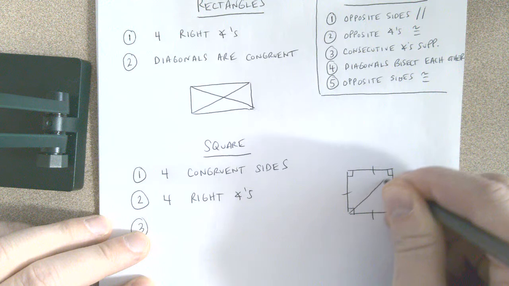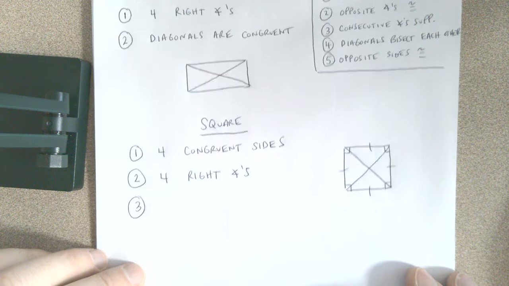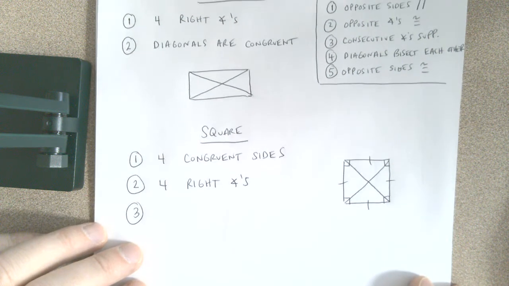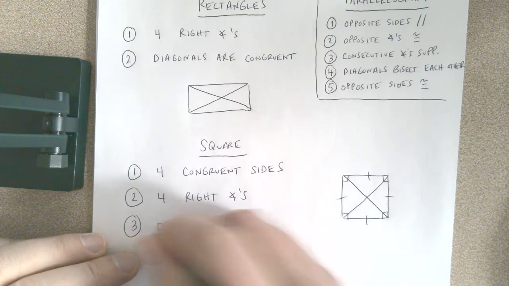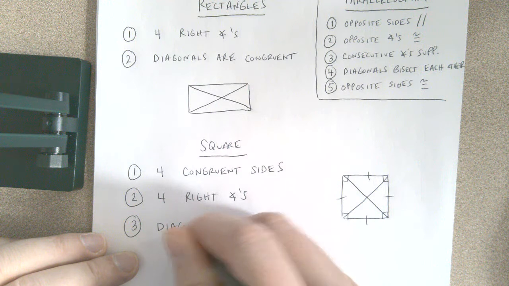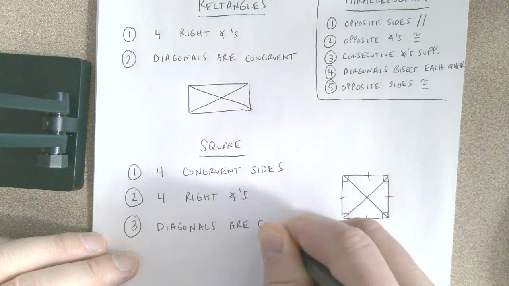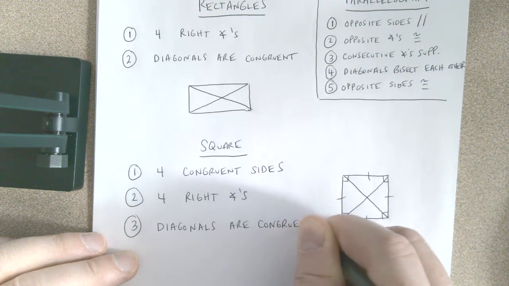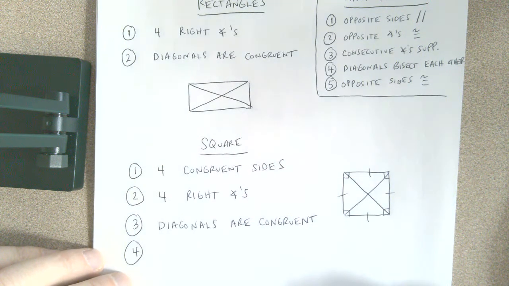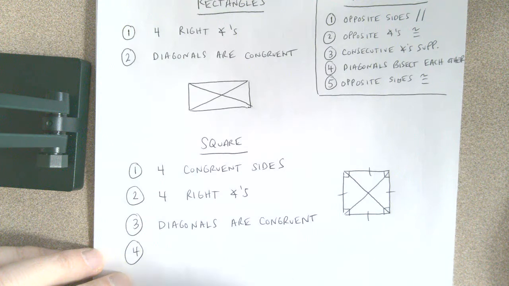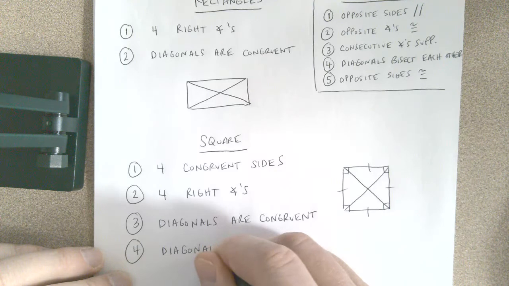If I draw in my diagonals, we know that the diagonals are congruent. We also know that the diagonals bisect the angles.